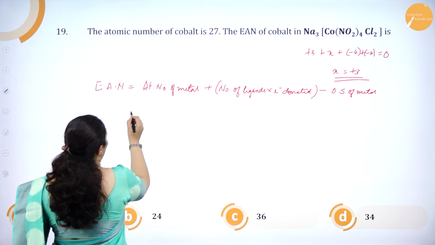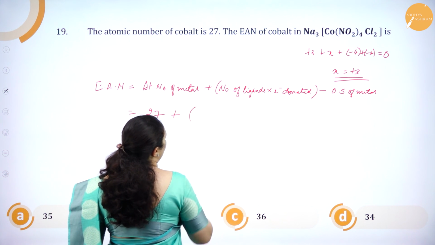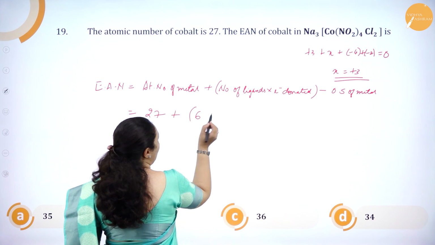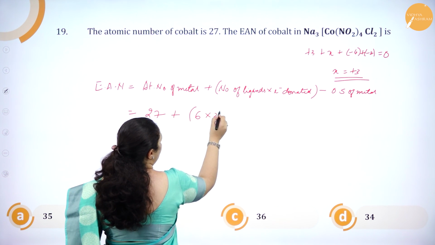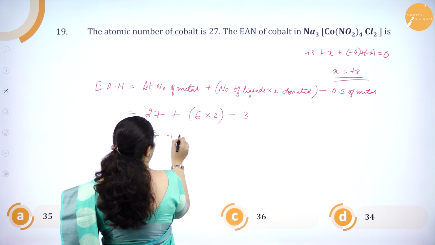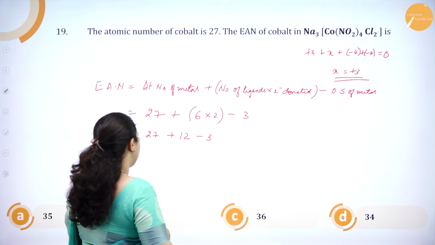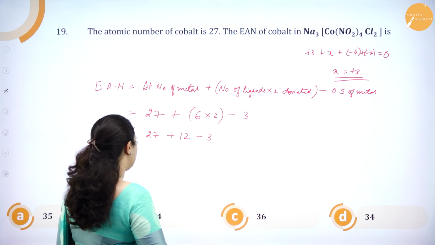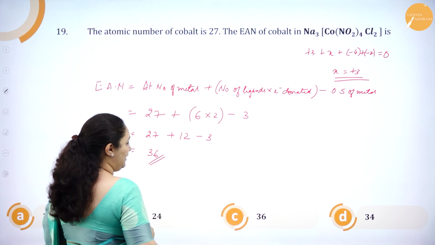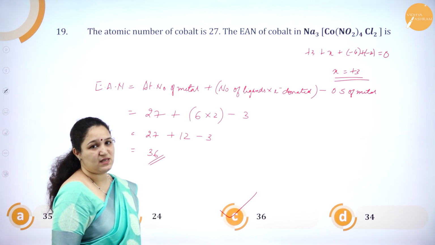Okay, so atomic number is 27 plus number of ligands. How many do I have? I have 4 plus 2, 6 ligands, and all are monodentate, so 6 twos are 12, minus 3. So it is 27 plus 12, which is 39, minus 3, which is 36. So the EAN is option C, that is 36.